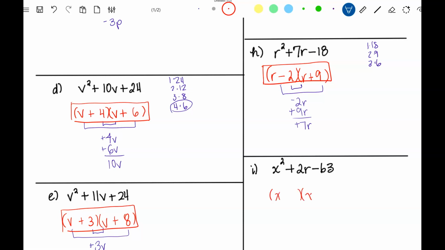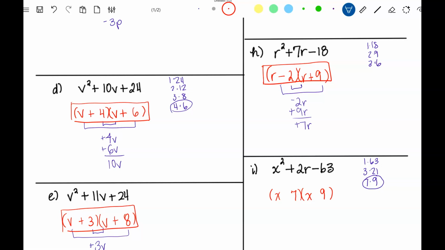We have X and X. 63, you've got 1 and 63. 2 won't go into it. 3 and 21. 4 won't, 5 won't, 6 won't, 7 will. 7 and 9. Okay, so 7 and 9.